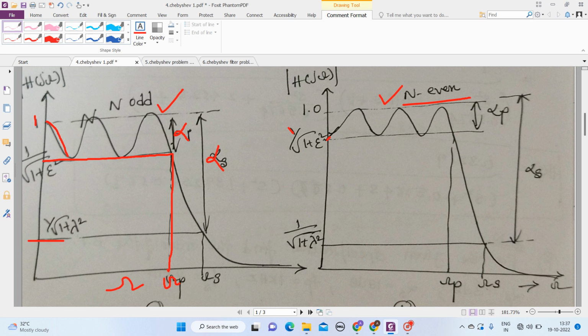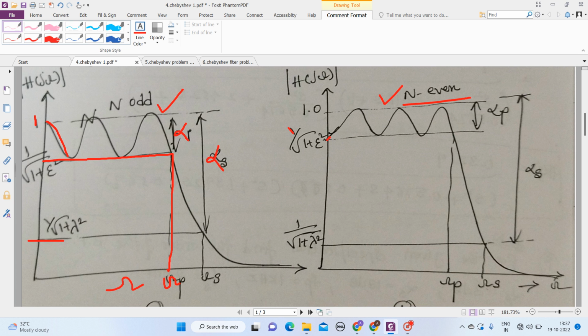Epsilon square is the parameter related to the pass band. Lambda is the parameter related to the stop band. This is very, very important. So alpha p is equal to 1 divided by square root of 1 plus epsilon square. Alpha s is equal to 1 divided by square root of 1 plus lambda square.